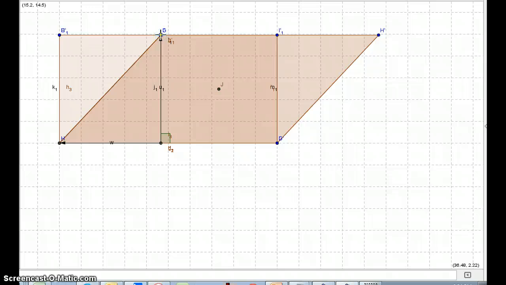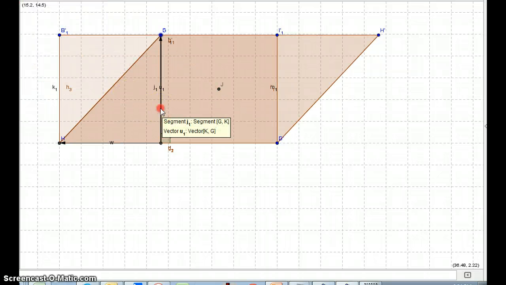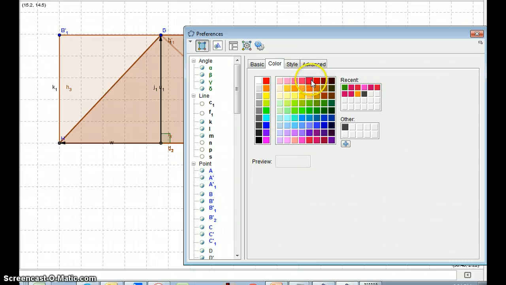Now the one that might be a little trickier is the area formula for the trapezoid. Is it clear? How do I decorate this height segment in such a way?